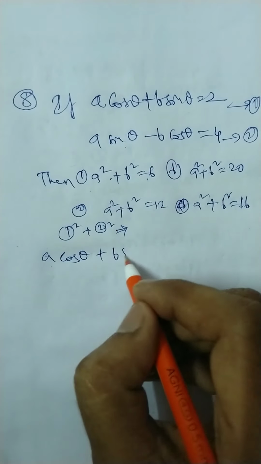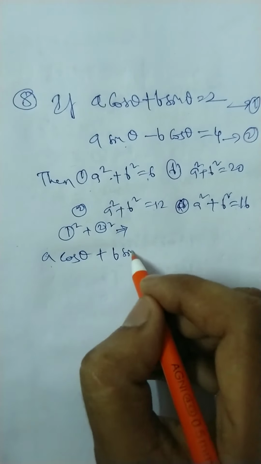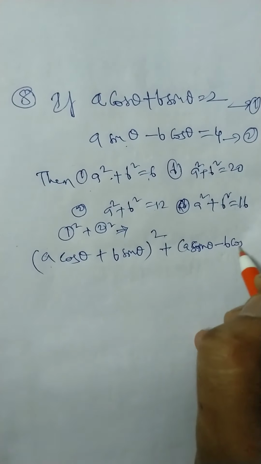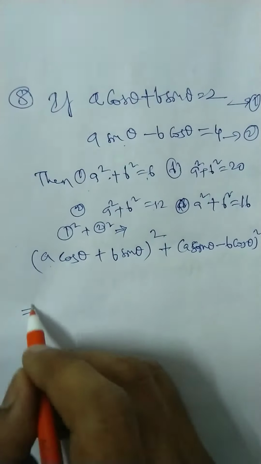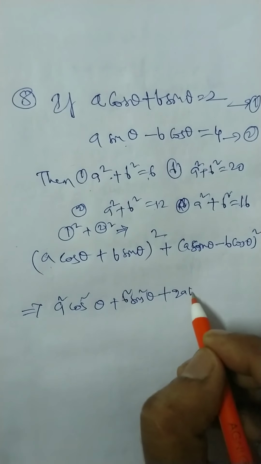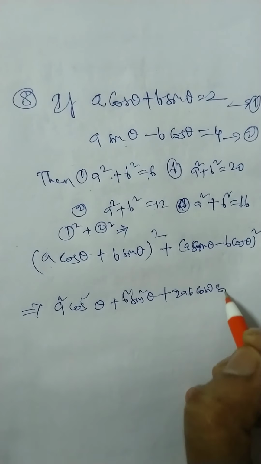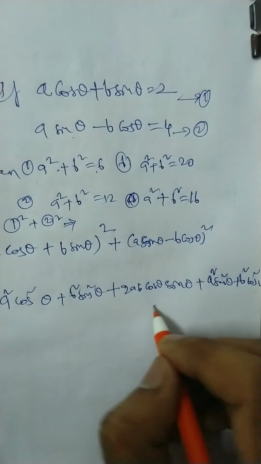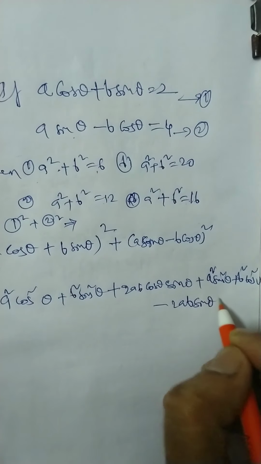So (a cos theta plus b sin theta) whole square plus (a sin theta minus b cos theta) whole square. So you can find a square cos square theta plus b square sin square theta, that is a square plus b square, plus 2ab sin theta cos theta by the formula, and this one, a square plus b square minus 2ab sin theta cos theta.